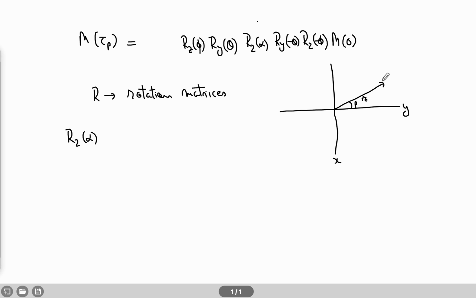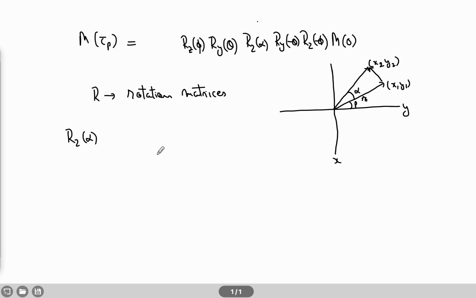It is then rotated by an additional angle alpha to a new position, with new coordinates x2, y2.